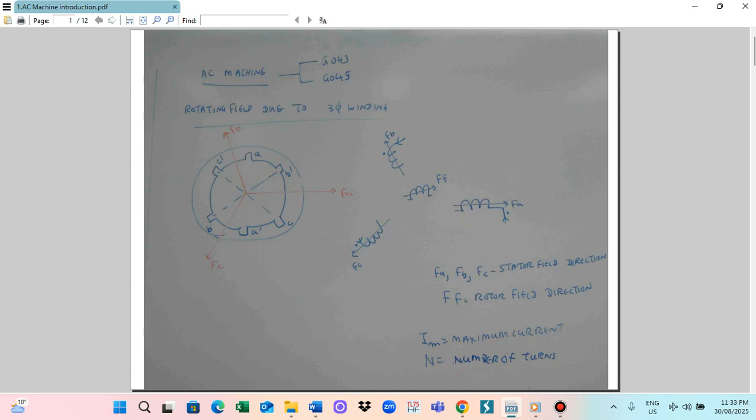So then we will get our force FS. FA, FB, FC are the stator field, and FS means the rotor winding magnetic field direction. So then we will get FA, FB, FC, the stator field direction, and FR means the rotor field direction.